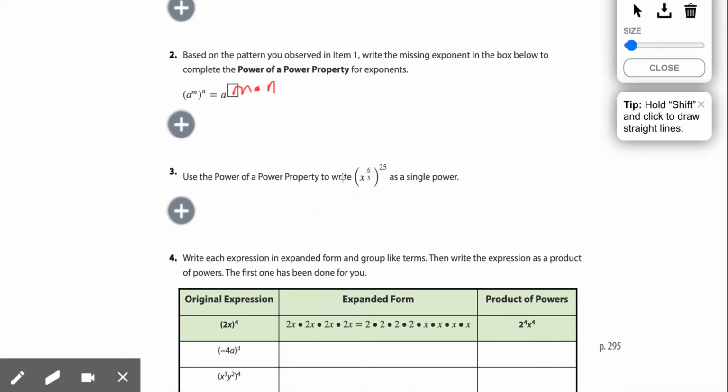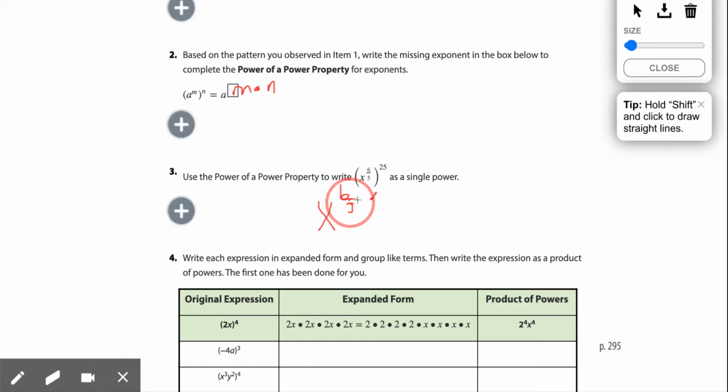So let's look at this one. Use the power of a power property to write x to the 6/5, raised to the 25th power. Well, that's going to be x to the 6/5 times 25.